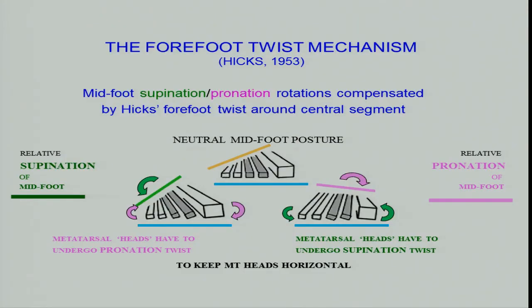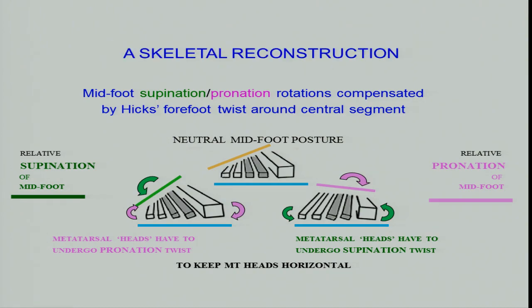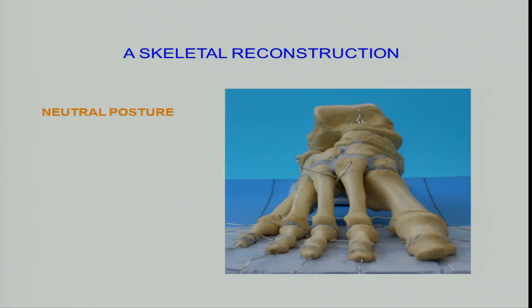So we could provide an explanation for compensation movement in the forefoot if there was supination or pronation in the midfoot. And we did a little reconstruction with the skeleton. I rescued it from the attic.